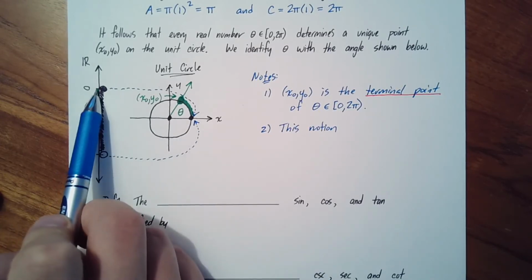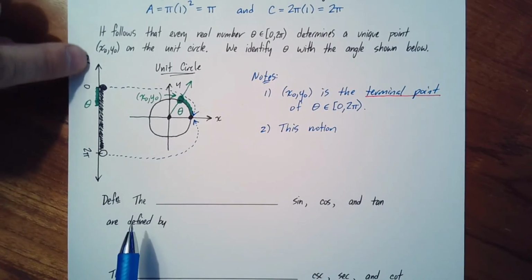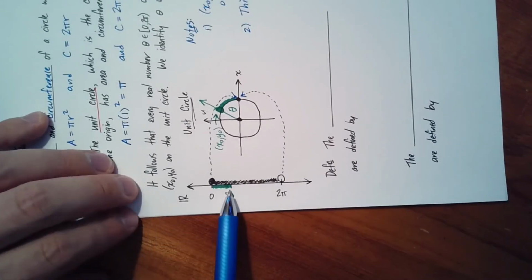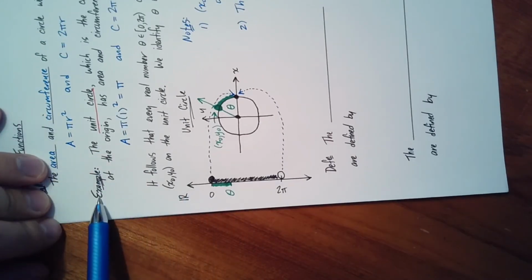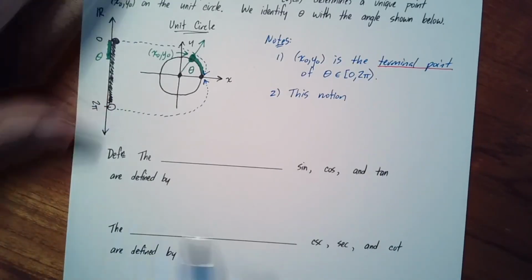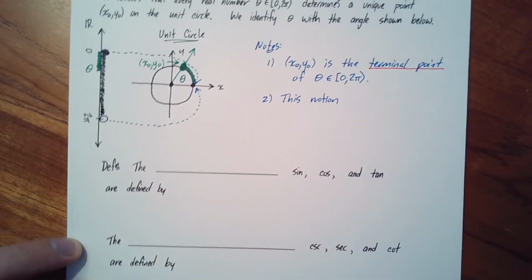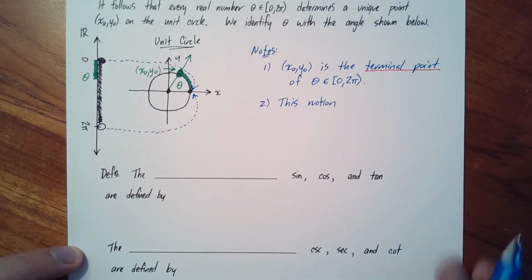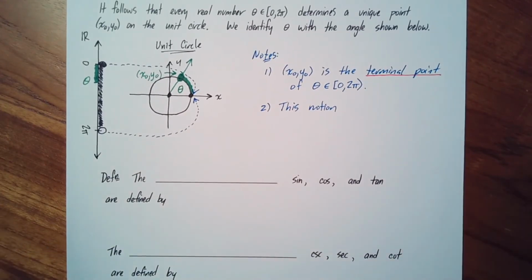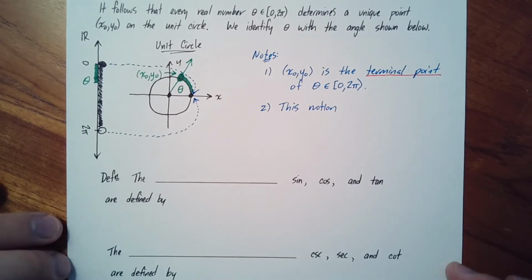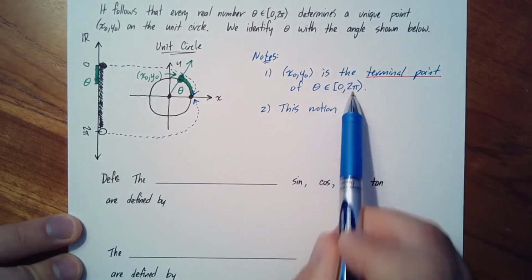What if I had a negative theta? What if theta was actually to the left of 0 on the number line? So if I took theta and replaced it with a negative value way over here, well, then I would just go backwards around the circle for the corresponding length around the outside. Okay, so you can do that for any real number theta. It doesn't have to be in the interval 0 to 2 pi.